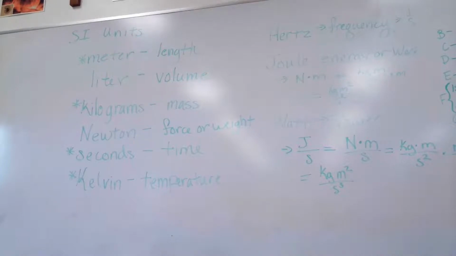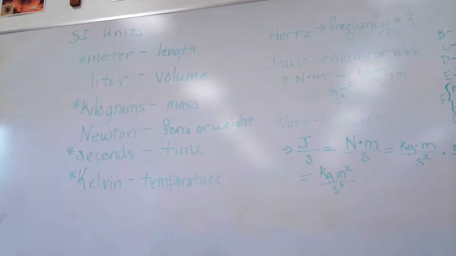If it doesn't have units of kilograms, that's a really good indication that you've done it wrong. If it does have kilograms, it's a really good indication that you've done it right. So that's a really fast and efficient way to check whether you have actually done the problem correctly. And you really don't have to do any extra work. You just have to make sure you keep track of your units. Does that make sense? Okay.